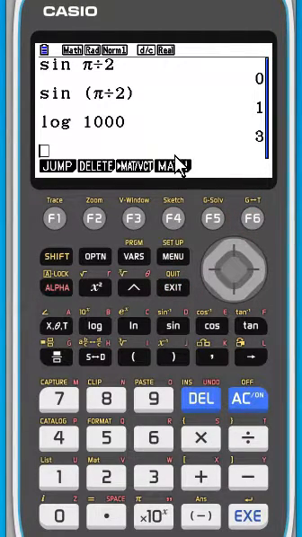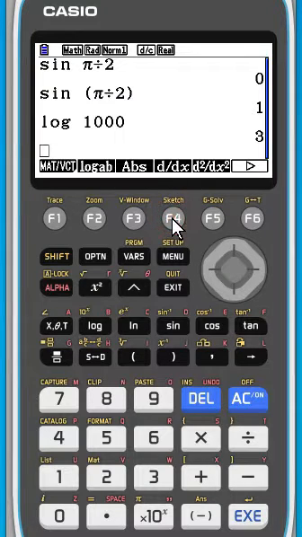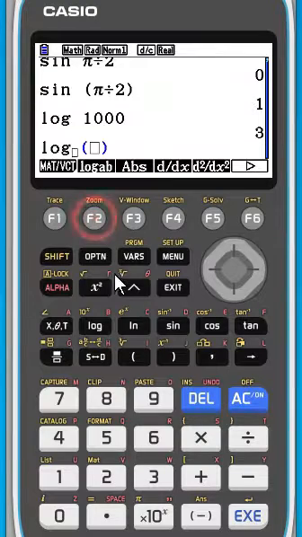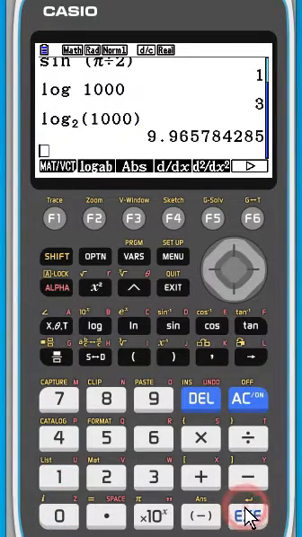And there are some functions in the math, so I would like to go into math by pushing F4, and you see log AB. Push F2. See there, now you can put your desired base and the number. So log of 1000 to the base 2 is 9.96.